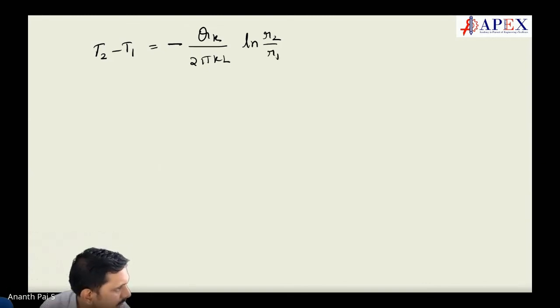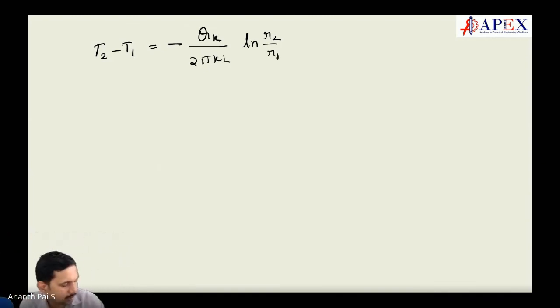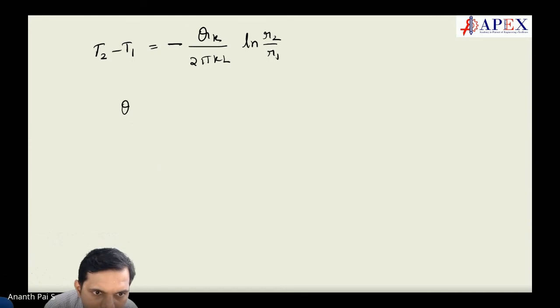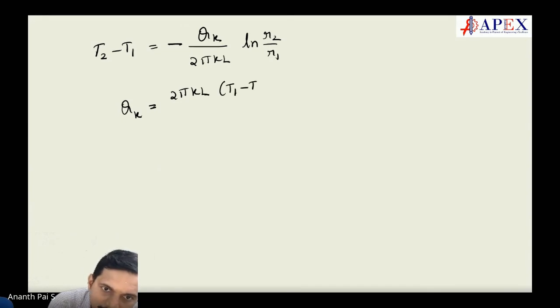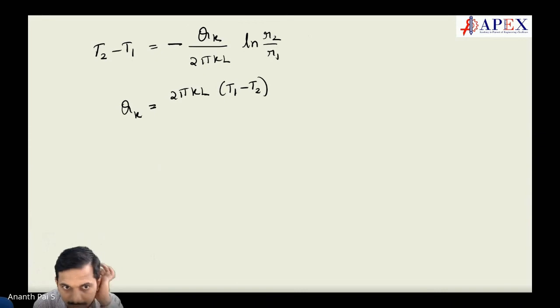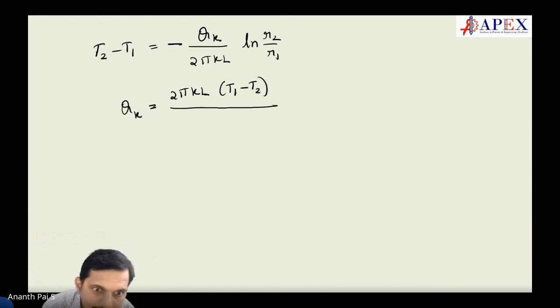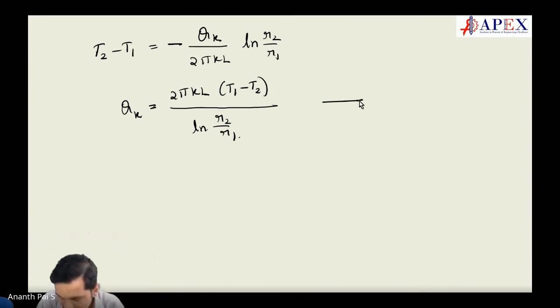Makes sense? When you integrate, Qk can be equal to 2 pi Kl into T1 minus T2, divided by log of R2 by R1. You see that the minus is eaten up by swapping T1 and T2. Correct?